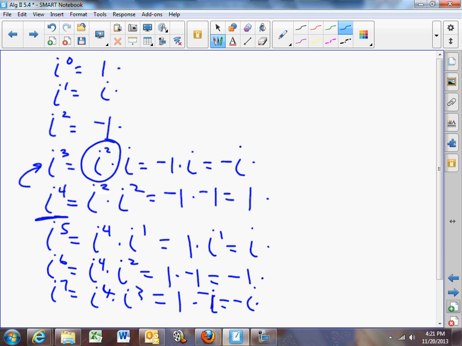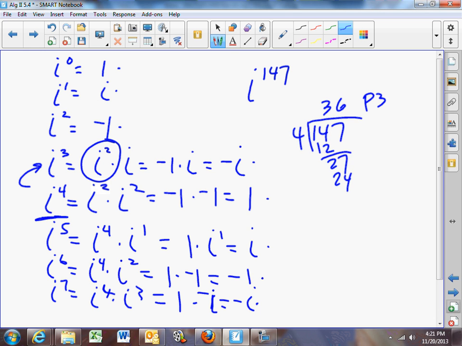So what happens is, if you have i to a fairly large number, let's say we have i to the 147th. 147 divided by 4 is 36, with remainder 3.